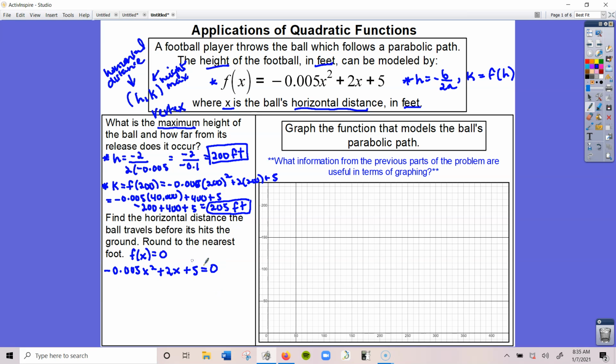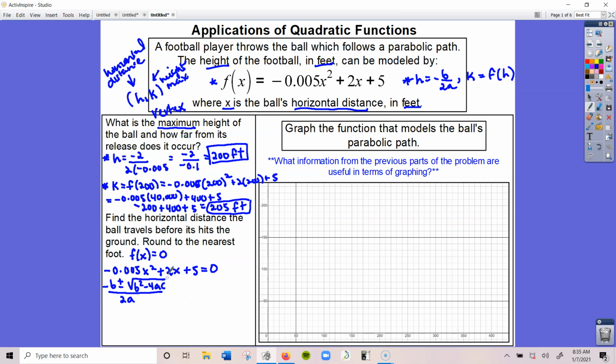Since this is just a regular quadratic equation, we can solve it by using the quadratic formula. As a reminder, the quadratic formula is negative b plus or minus the square root of b squared minus 4ac, all over 2a. What it solves for is the x-intercepts, because when y is equal to 0, we have an x-intercept.